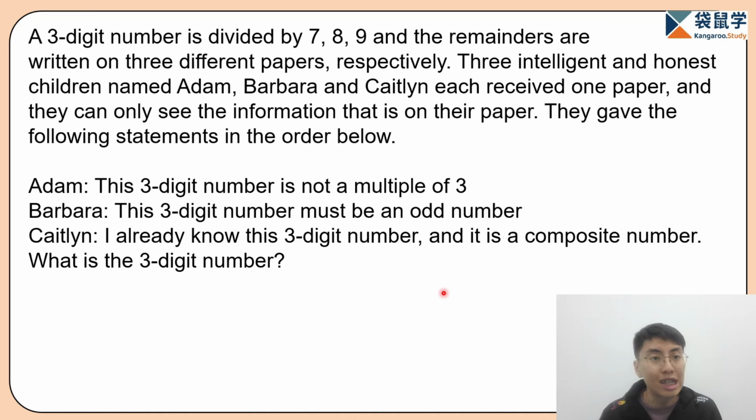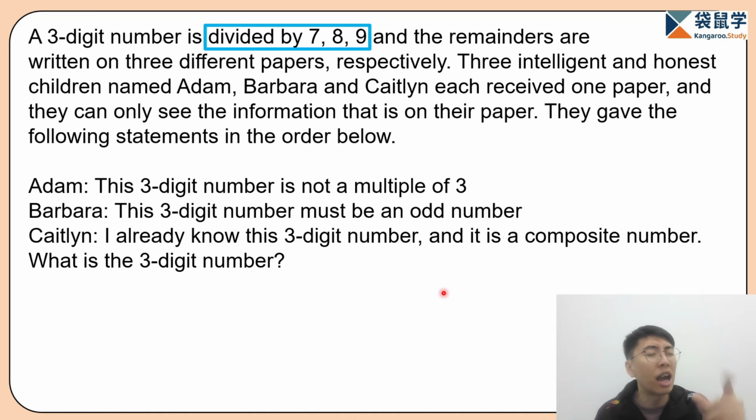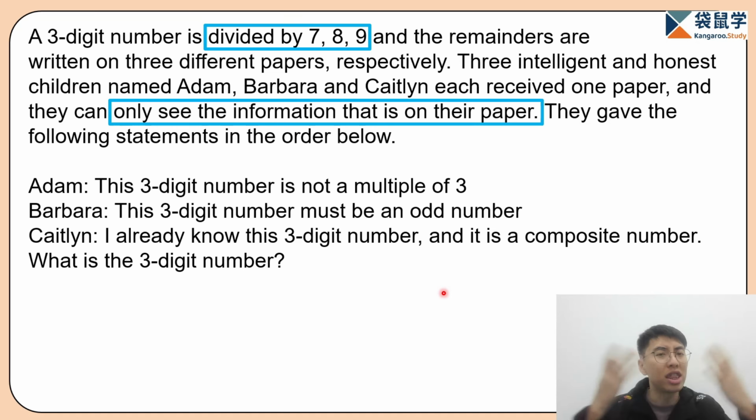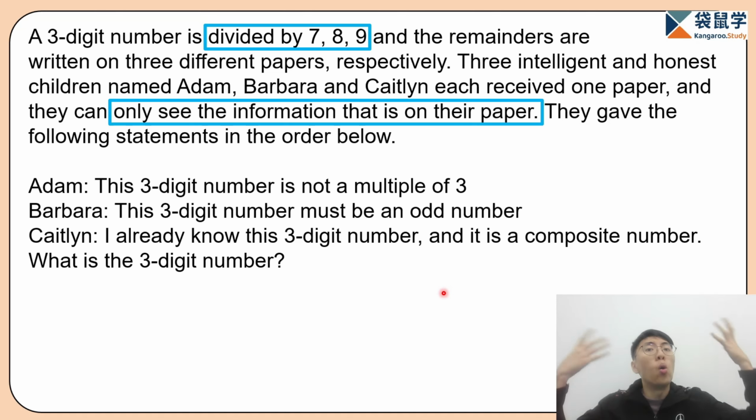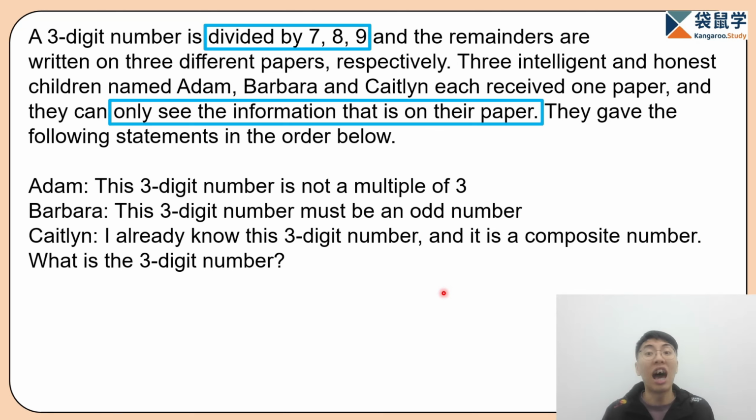When reading this question, there are a few important things to take note of. The first thing is that the number is divided by 3 different numbers, 7, 8, and 9. And then each of these students can only see the information that is on their own paper, so they do not know what other students have.